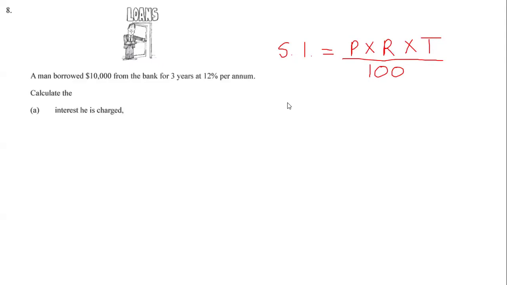What does the P stand for? Principal. What is the principal in this case? 10,000.